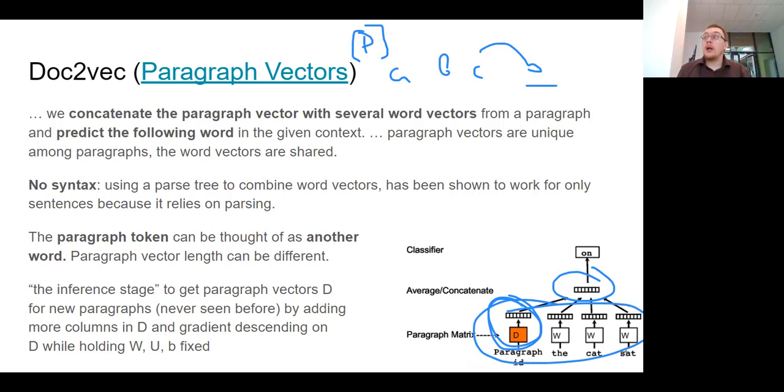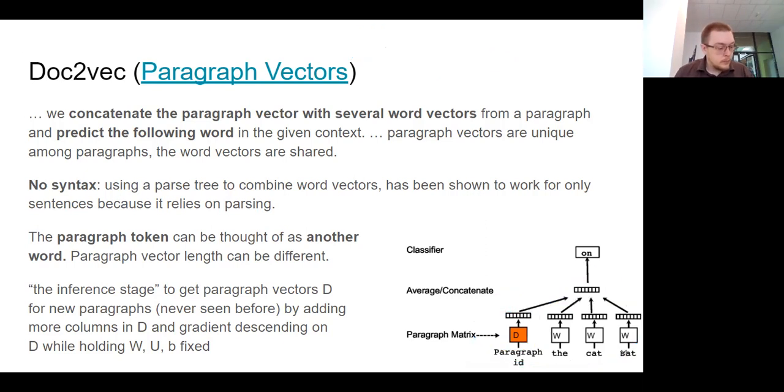In the end, they obtain two important matrices. Matrix D has the size of the dimensionality of the paragraph vector, let's say 100, by the number of paragraphs. And matrix W is the matrix of word embeddings, so the number of words and the number of dimensions for the word, the same as in the previous method.